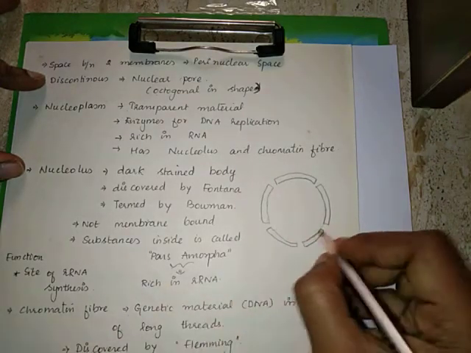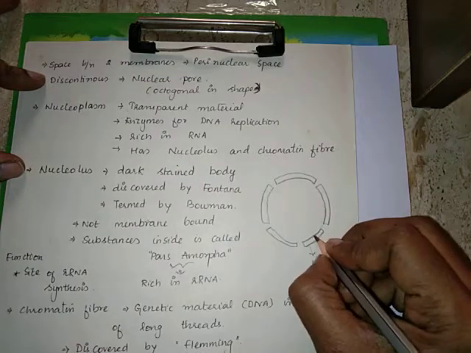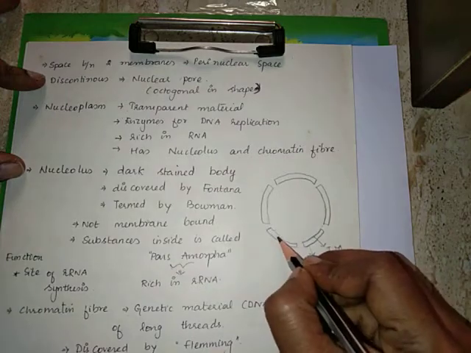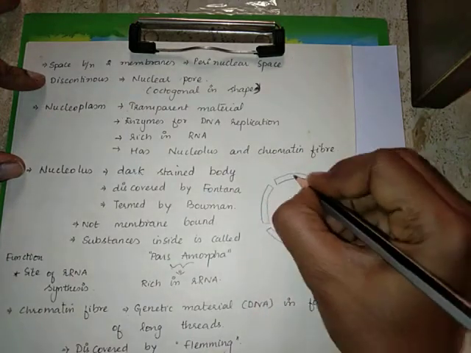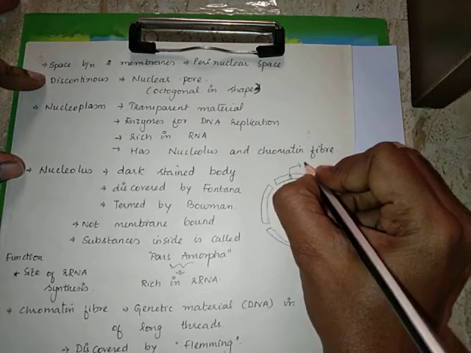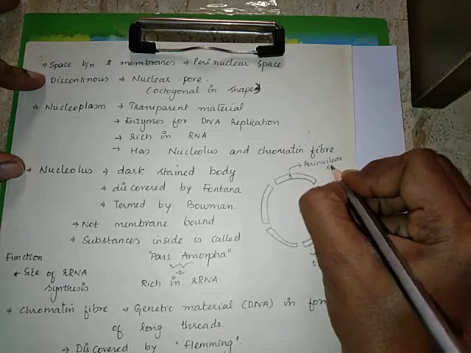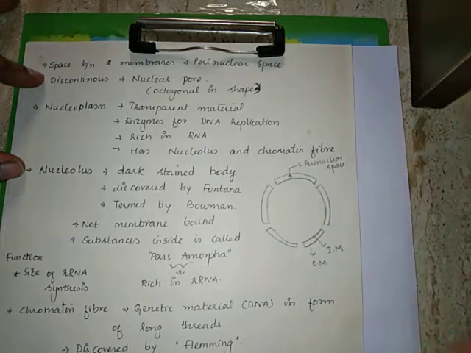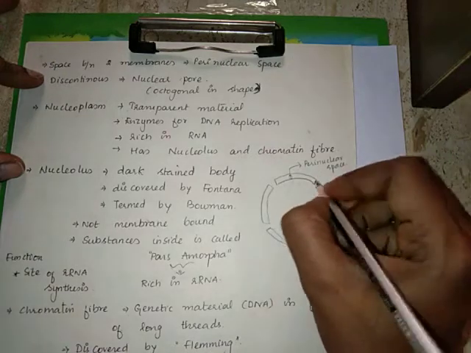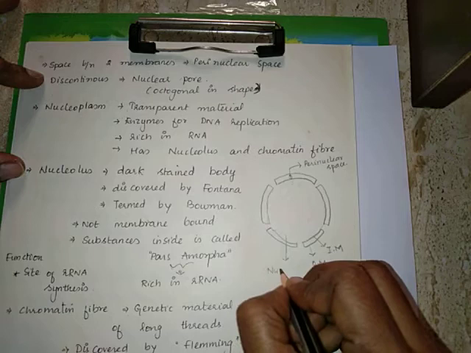And so this is the outer membrane, this is the inner membrane, and this space you call it as the perinuclear space. And what is found inside this complete portion is going to be filled with substance called nucleoplasm.